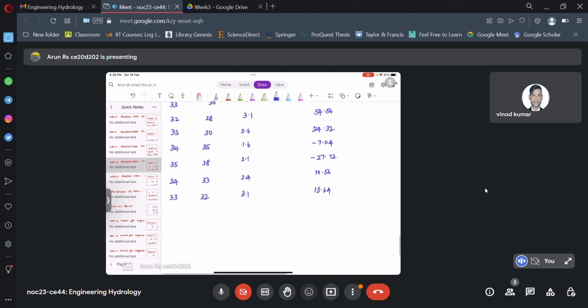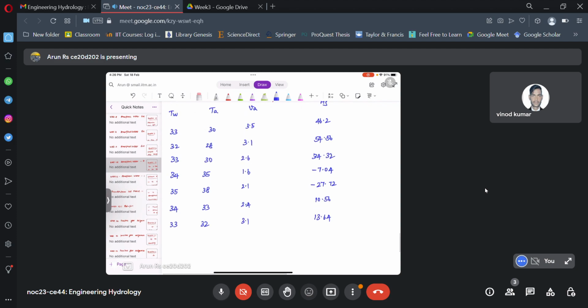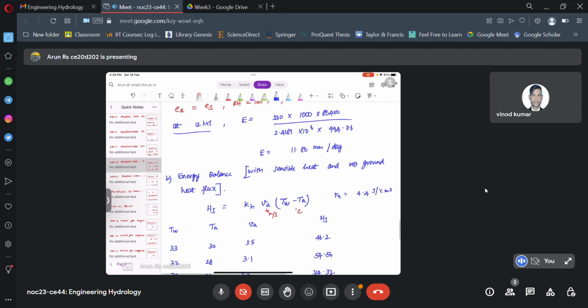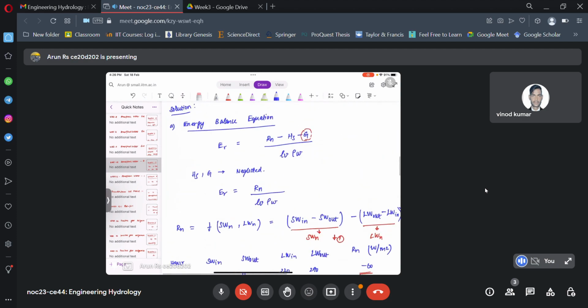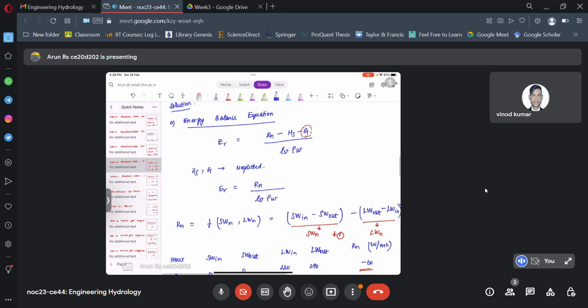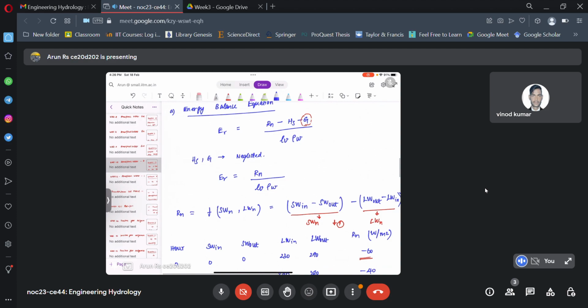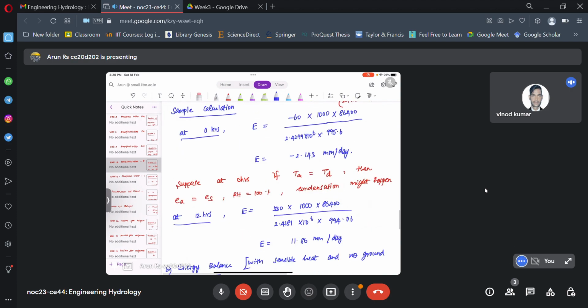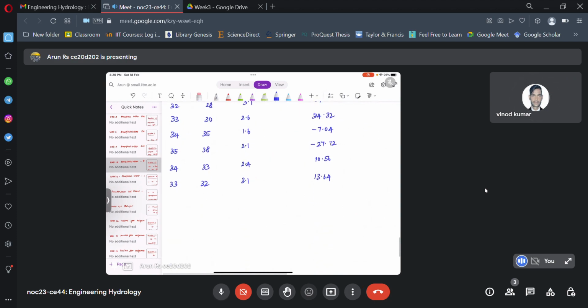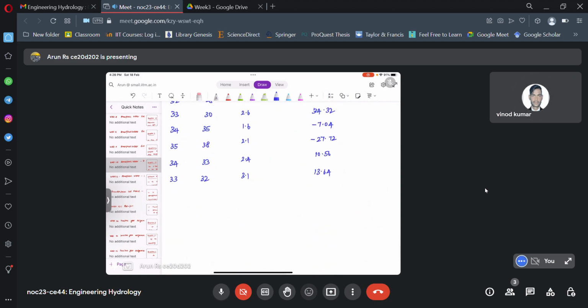So if you see the energy balance equation, the basic equation, you have net radiation minus sensible heat. So sensible heat is actually reducing the effect of the evaporation rate, because some amount of heat is going out of the system.